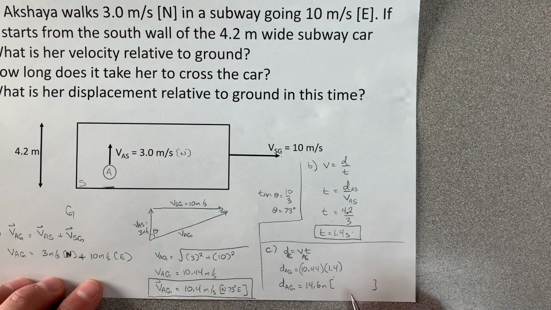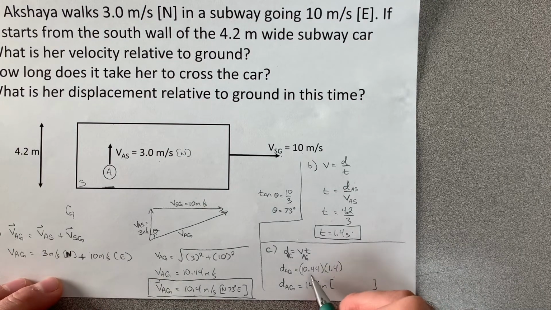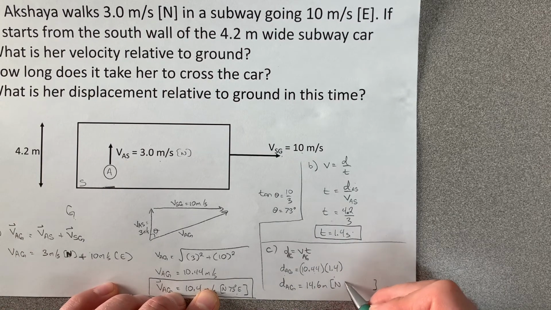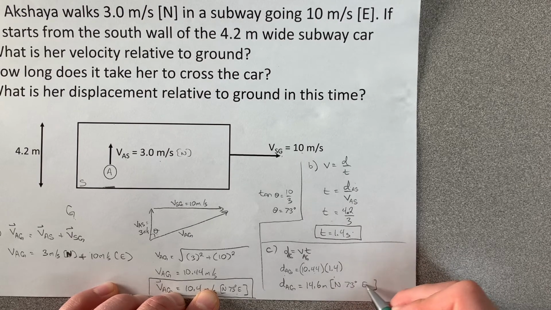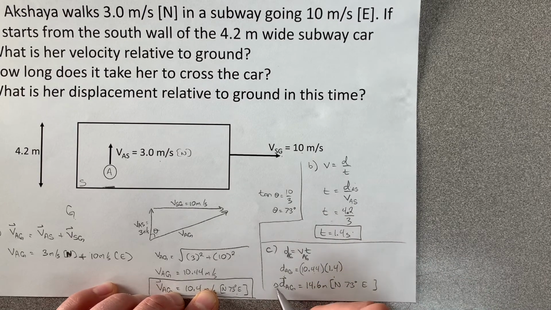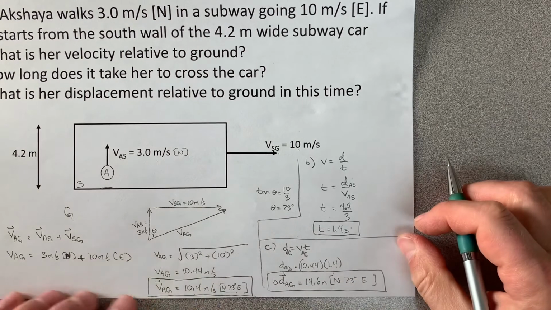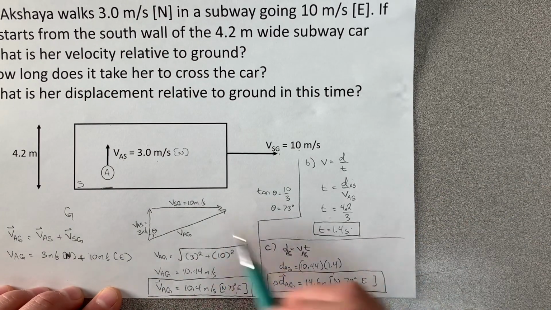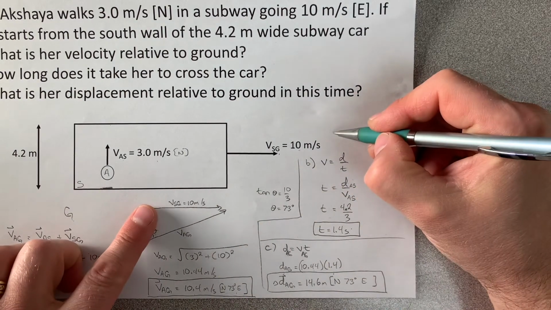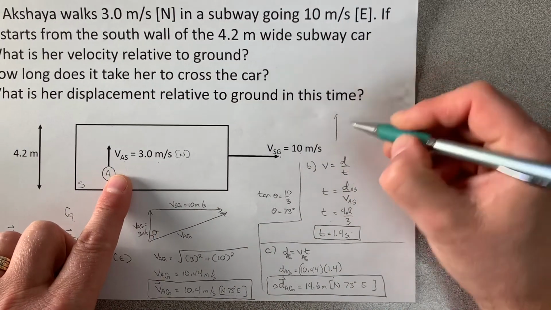You might ask. Glad you asked. The displacement's direction is in the same direction as that velocity, which would be this one right here. So north 73 degrees east. This is actually displacement. So just remember, I don't have a lot of room here, but she aims this way.